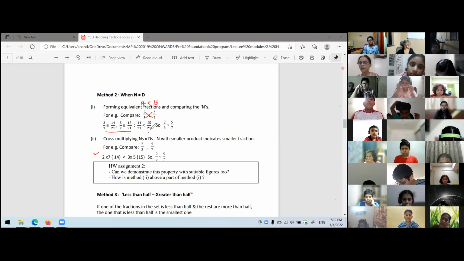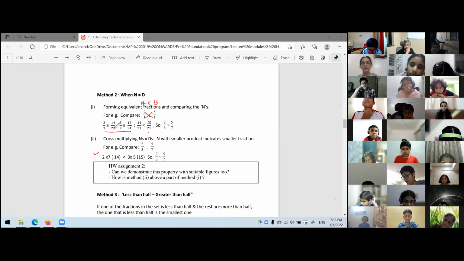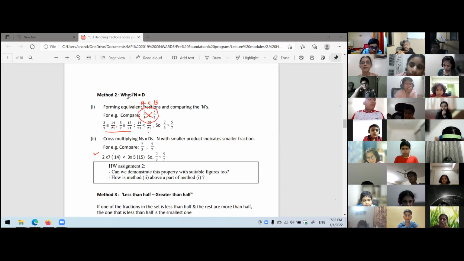This is okay, but sometimes this is too big to calculate. Cross multiplication is the fastest way to compare two fractions which have different numerators and different denominators, and this becomes step 1 for this. So I always recommend this method. When n and d both are different, always cross multiply and take the smaller product.